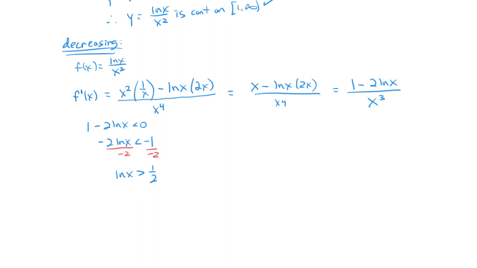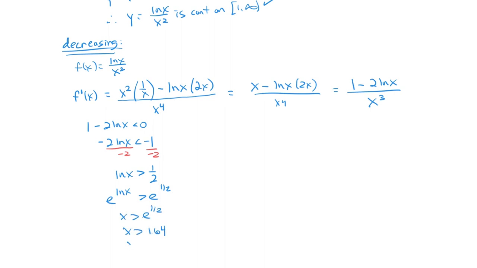So we could write it like this. It's sometimes called take the anti-natural log of each side. And we have e to the natural log of x. Really, e to the natural log of x, that's just x. So this is just saying that x is greater than e to the 1/2 power, which is roughly, it's right around 1.64.